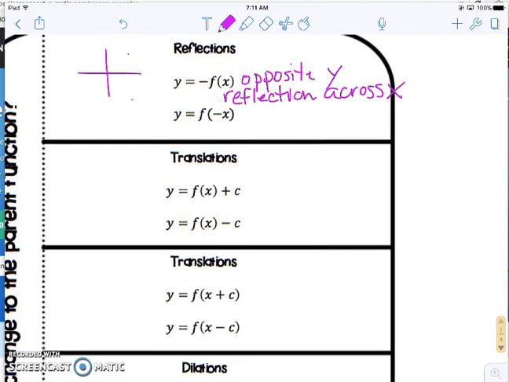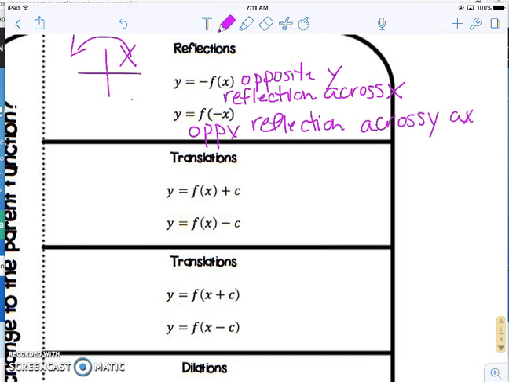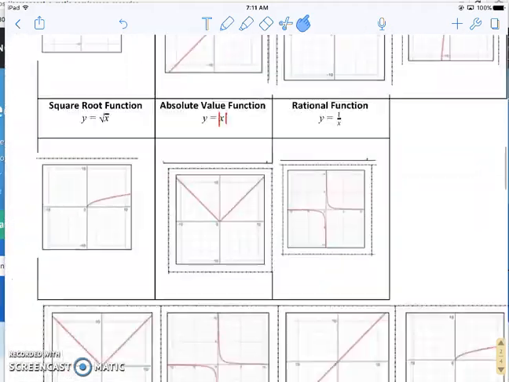So when you see this next one, f of negative x, opposite x, well, if here's x, that's going to flip it over here, the opposite of x, so this is a reflection across the y-axis.